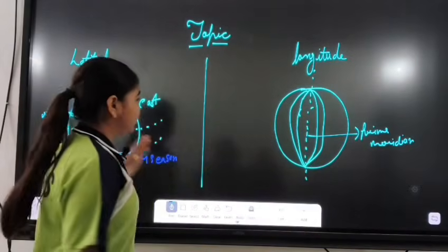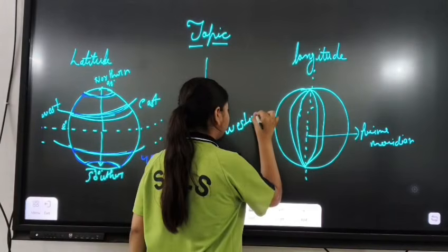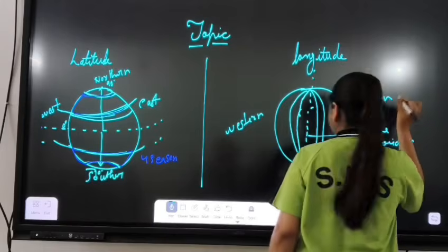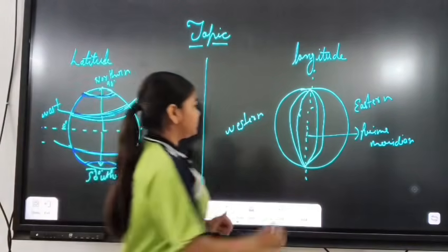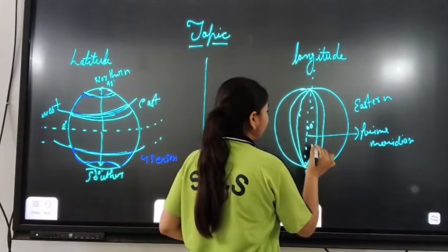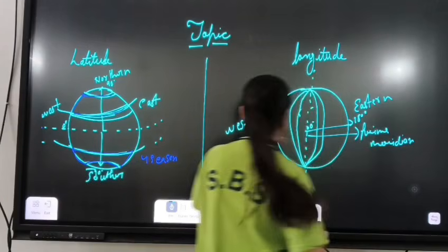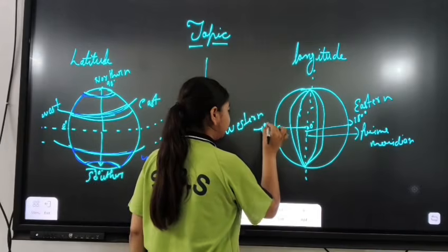Like equator, it also divides Earth into western and eastern hemisphere. It starts with 0 degree and goes up to 180 degree at east, and when we move toward west, it goes up to minus 180 degree.